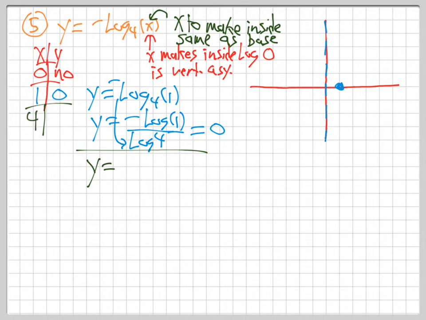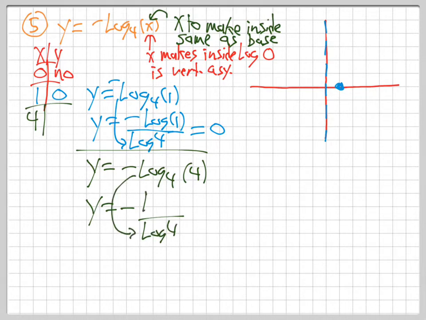So let's pick 4. That'll just be easier. Log base 4 of 4. Again, the base part goes to the bottom. The other log of 4 on the top, that's negative 1. Y is negative 1, so that means over 4, 1, 2, 3, 4, down 1, over 4, down 1.